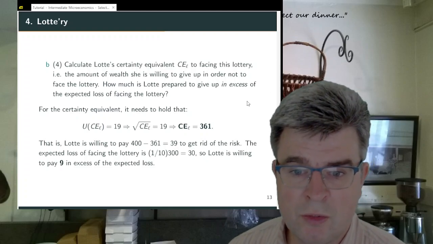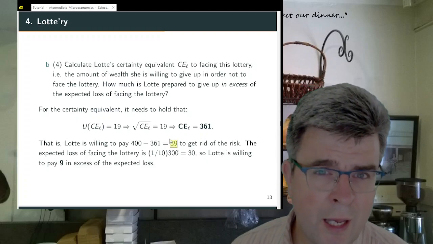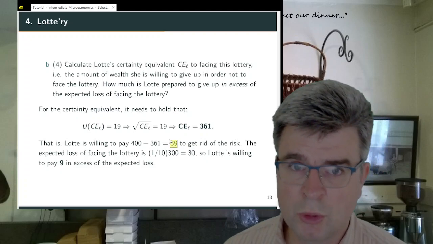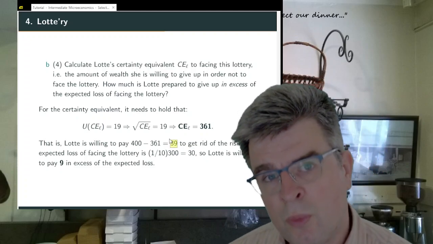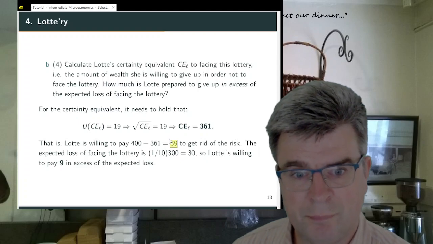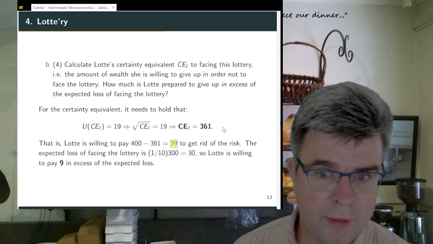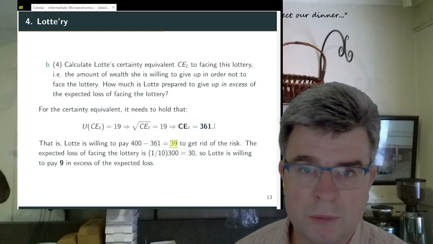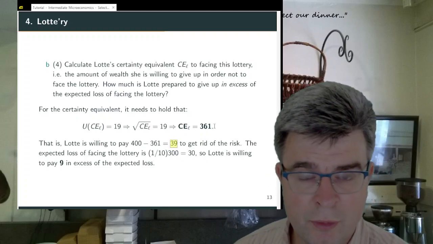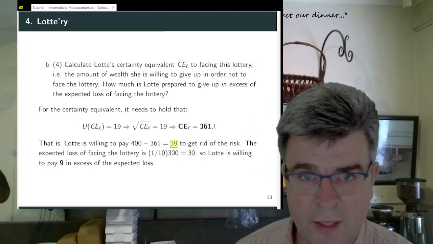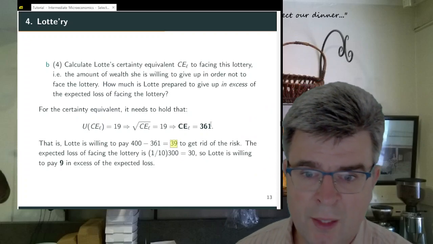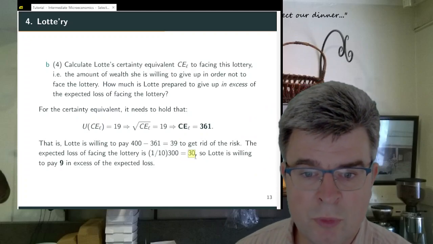The difference between the two is 39, and that's the amount she is at most willing to pay in order to get rid of the risk. However, the expected loss of facing the lottery is smaller because the loss is equal to 300. The probability that happens is 1 over 10. So the expected loss is equal to 30.